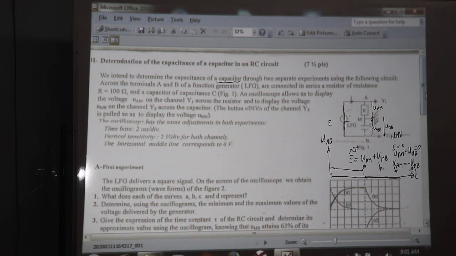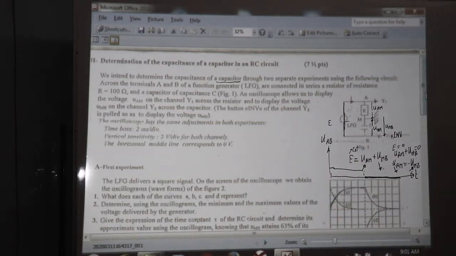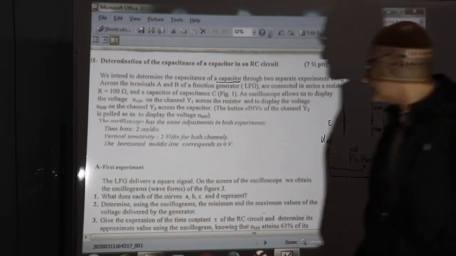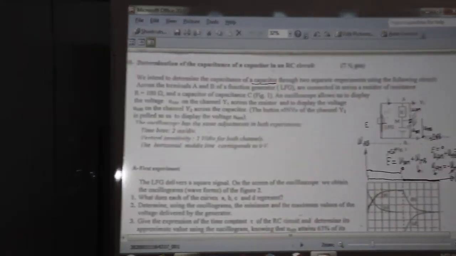Okay, this is the justification. You should know it, but you shouldn't write it, because the question here doesn't need justification. It says, what does each of the curves represent? So I will write the answer here.